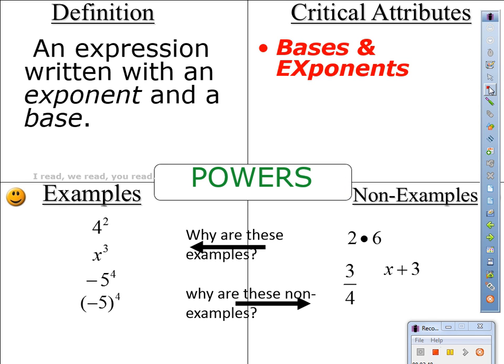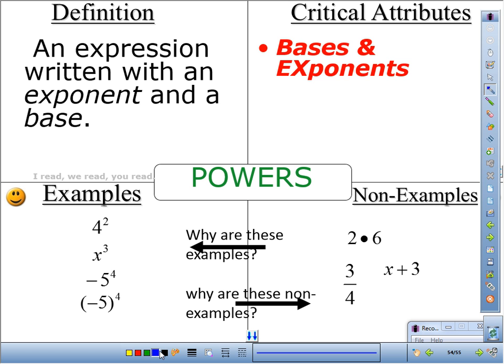Check this out. When we started the exponential expressions, I said this piece right here is known as the base, and this one right here is known as the exponent.